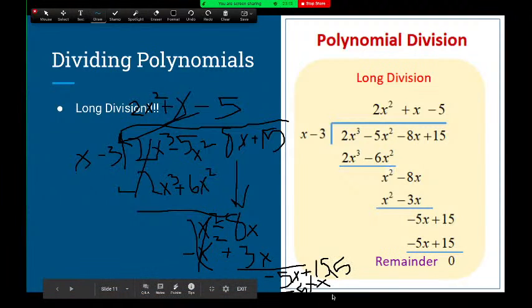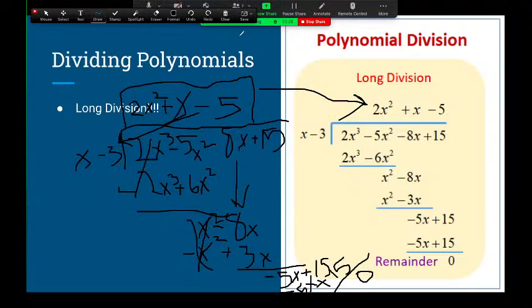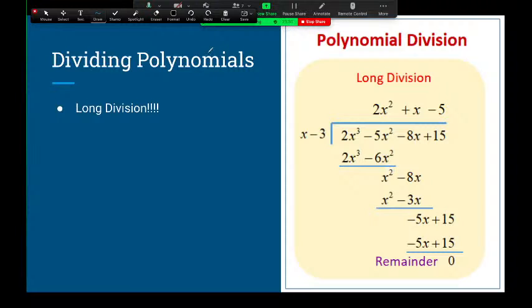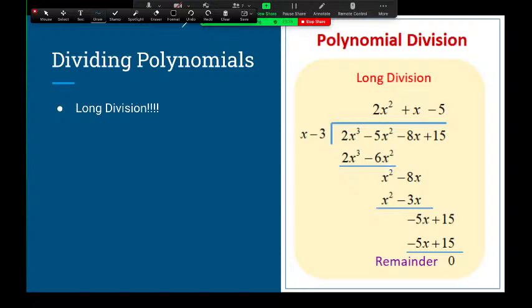If you subtract this, you get 0 as the remainder. So this is the solved thing, and as you can see, it exactly matches what they got. So that's pretty cool. That's long division, super easy, not barely an inconvenience, not hard at all.